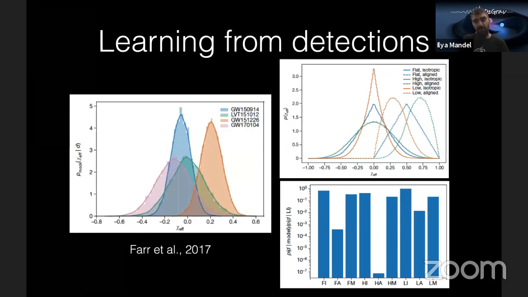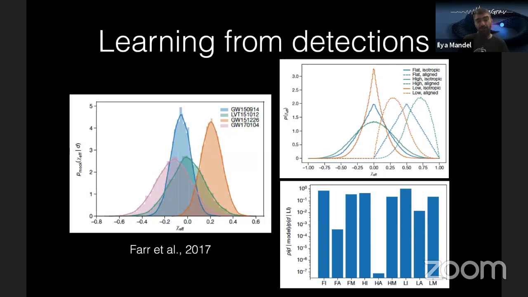This is work led by Will Farr, where we looked at the few initial observations that LIGO made, focusing in particular on the spins of the black holes, and argued that at least at that time the spins were inconsistent with being both high in magnitude and predominantly aligned, and that's still true.